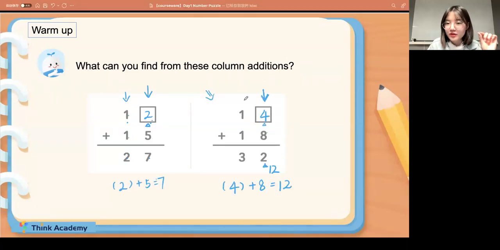Please always remember to label the 1, the carried number, to the next column. Then for the tens column, now we have 1 plus 1 plus another 1. This will be 3. Brilliant, everyone. So we can confirm we have the right answer for this question. Okay, does it make sense? If it makes sense for you, can you type okay in the chat box?